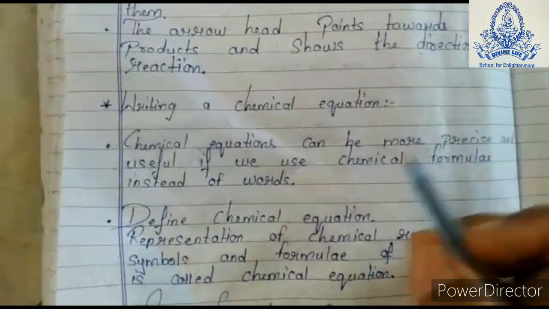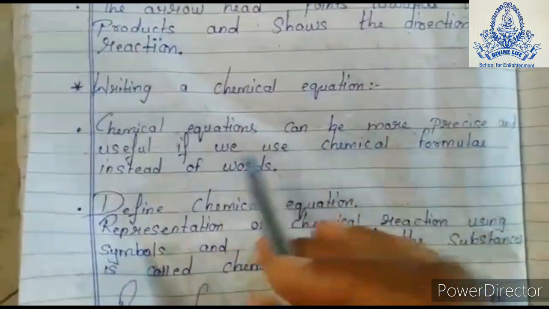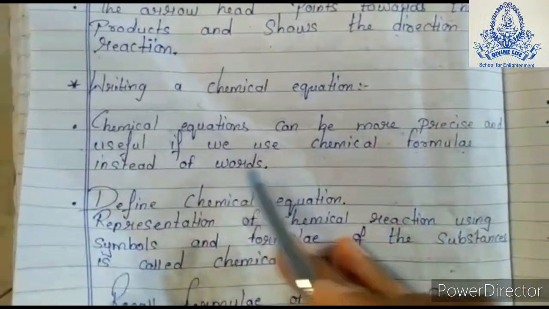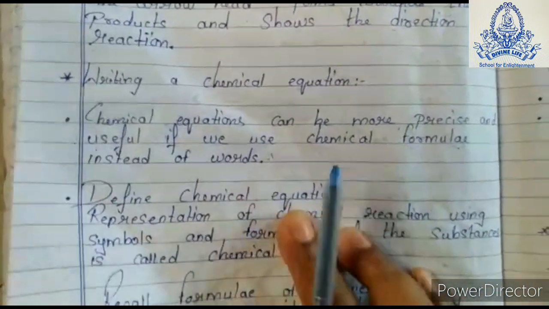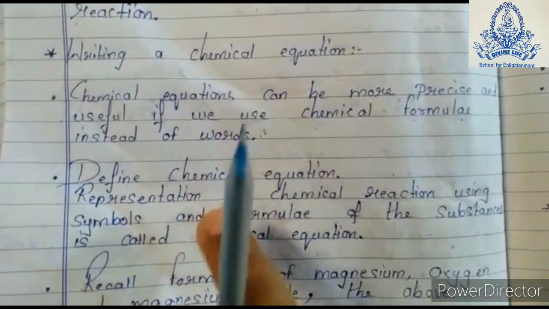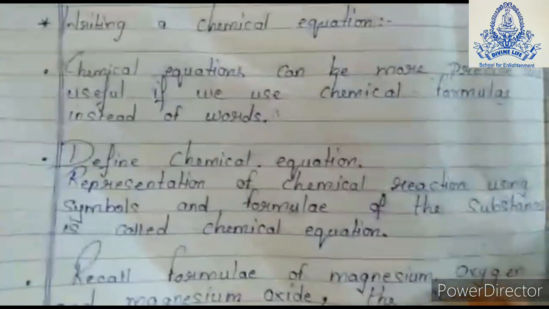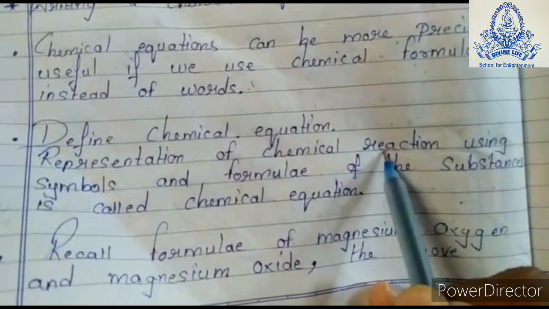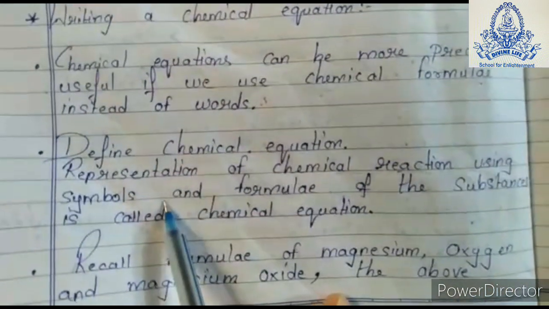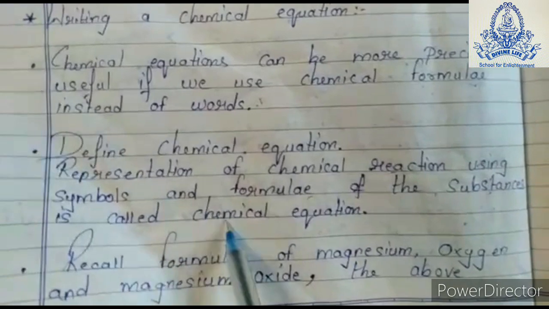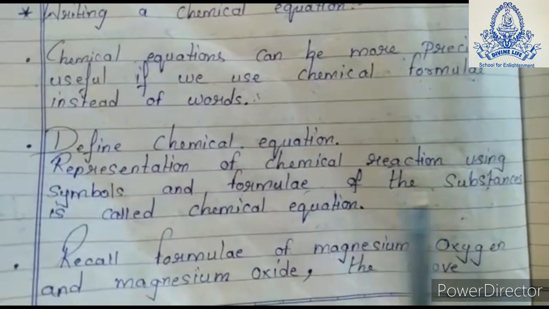A chemical equation can be more precise and useful if we use chemical formulae instead of words. Now, from this, we will define the chemical equation. What is the proper definition of chemical equation? See here. Representation of chemical reaction using symbols and formulae of the substances is called chemical equation.